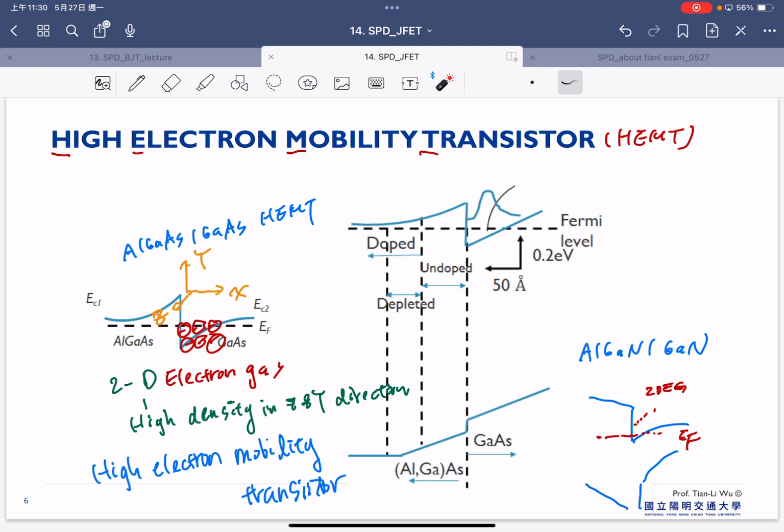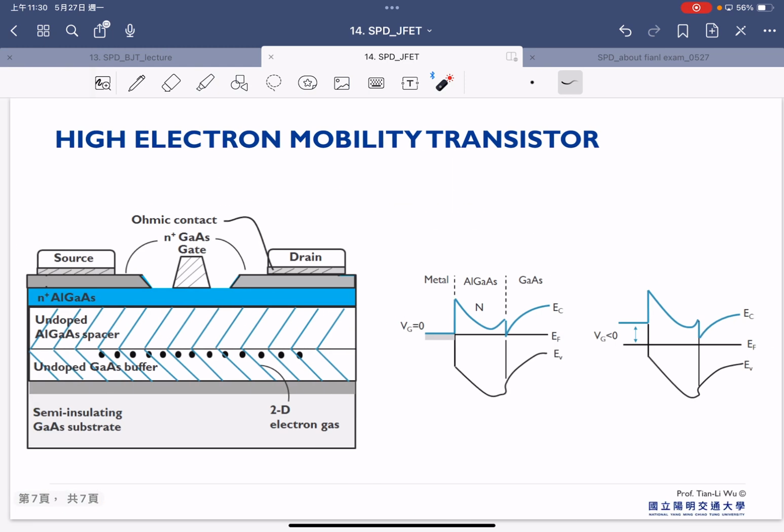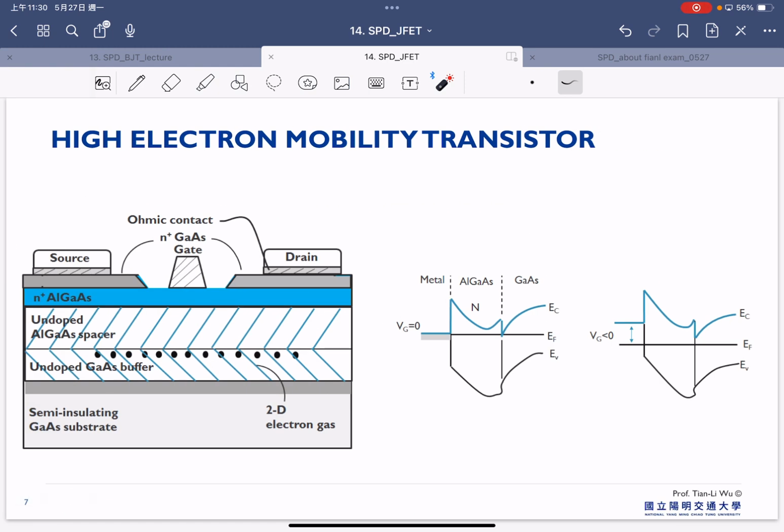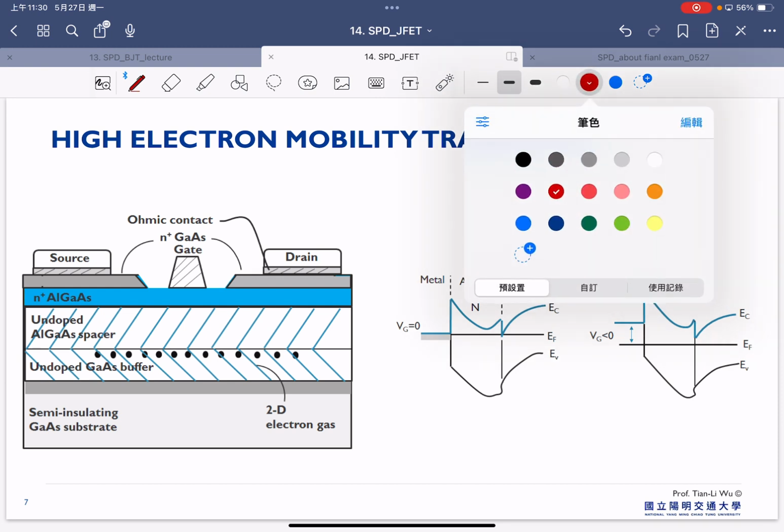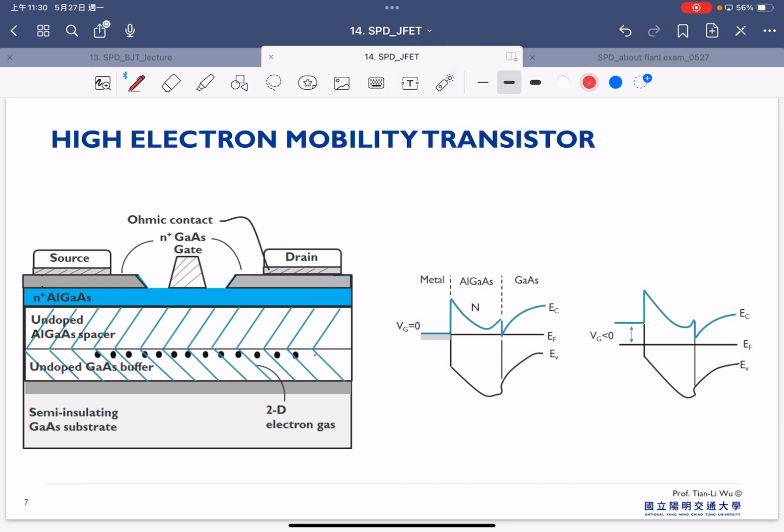And how we actually turn the transistor on or off uses the same concept as the MOSFET. If you look at the full schematic here, in the 2DEG we already have very strong electron density. This is our 2D electron gas.